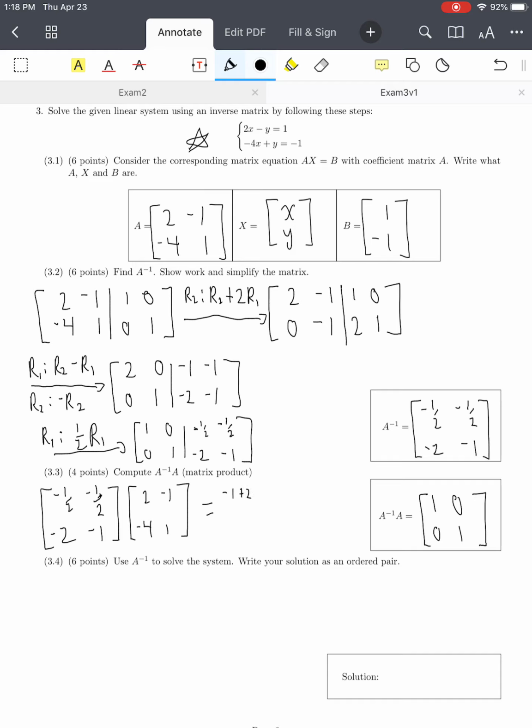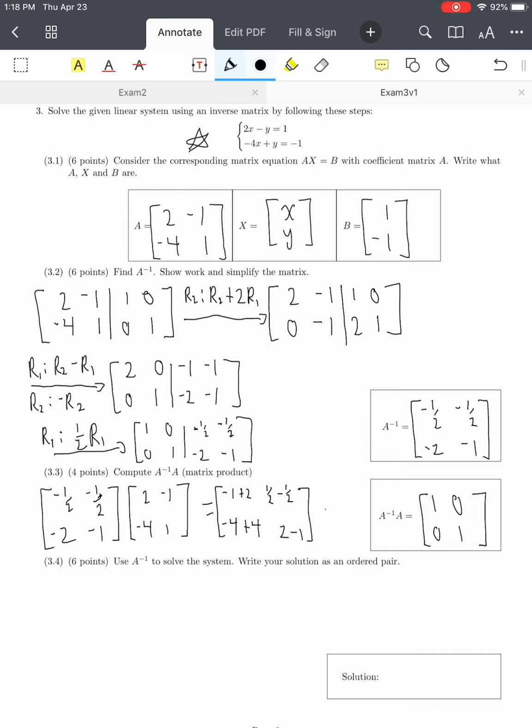Then negative 1/2 times negative 1 is 1/2, negative 1/2 times 1, there we go. 2 times negative 2 is negative 4, and negative 1 times negative 4 is 4, negative 2 times negative 1 is 2, and negative 1 times 1 is negative 1.